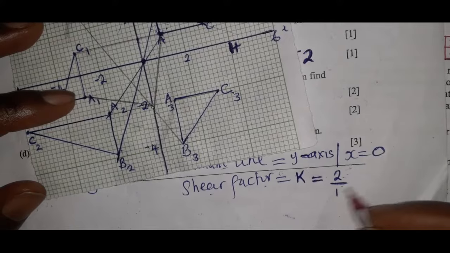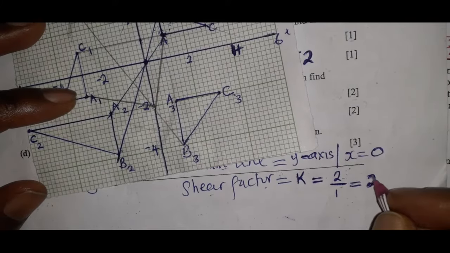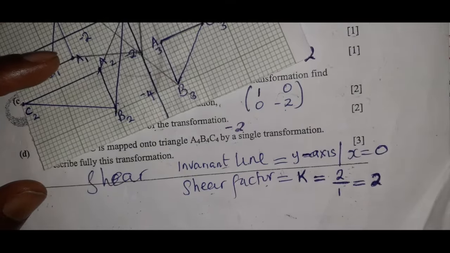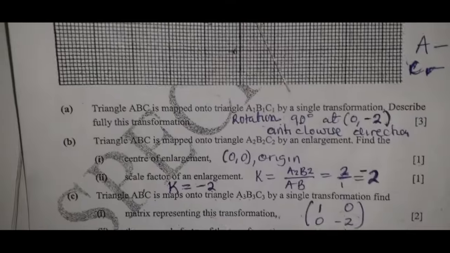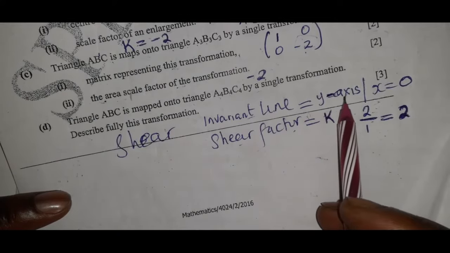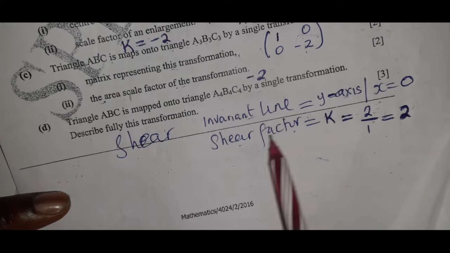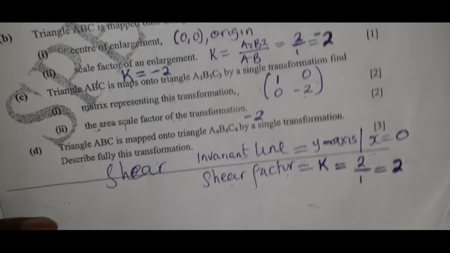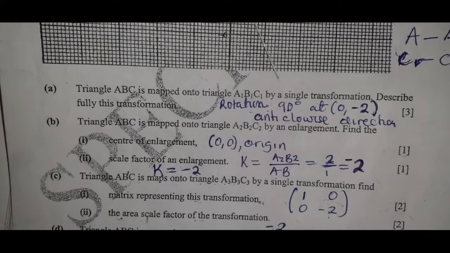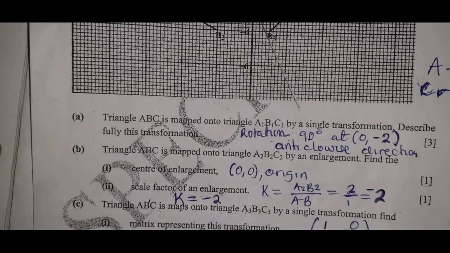So this is going to give us 2. So this is a shear of the invariant line, the y-axis, and the shear factor is 2. So this is what we are supposed to do.